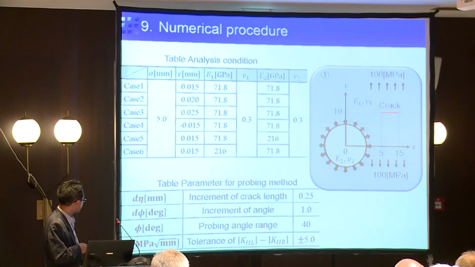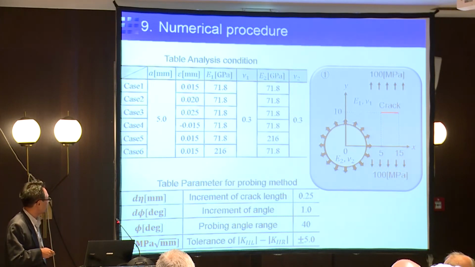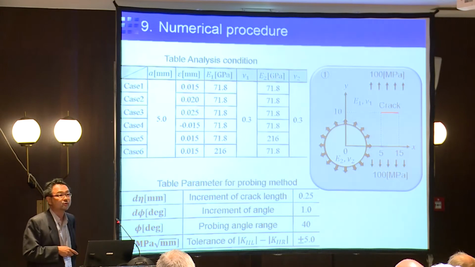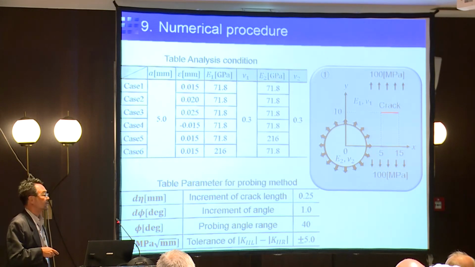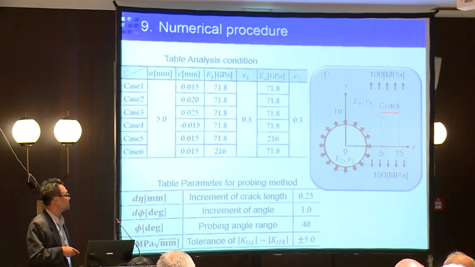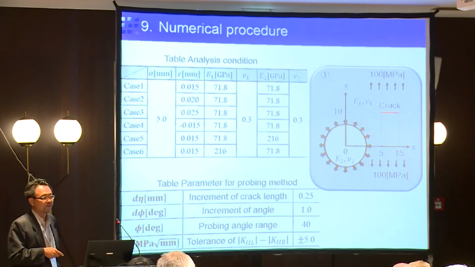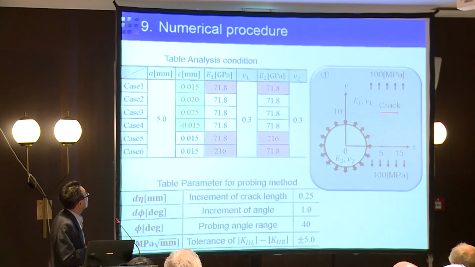For example, the crack length was set to be 0.25 millimeter, the incremental length was set to be 1 millimeter, and the probing range was 40 degrees. Finally, the tolerance, that is the difference in the mode II stress intensity factor between the left tip and right tip, was set to be plus or minus 5.0 megapascal root millimeter. By using that, we simulated it.